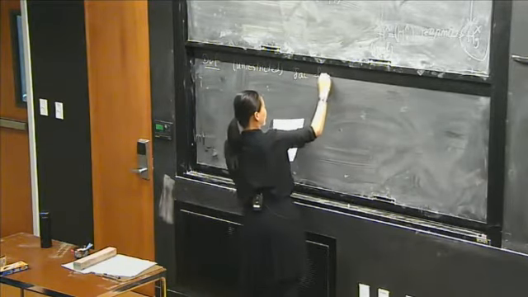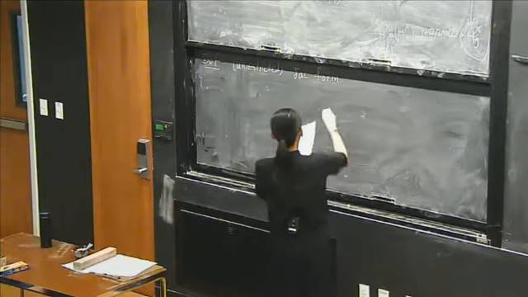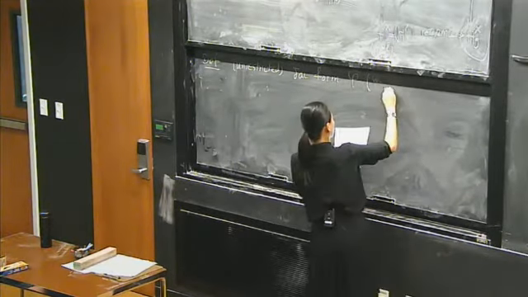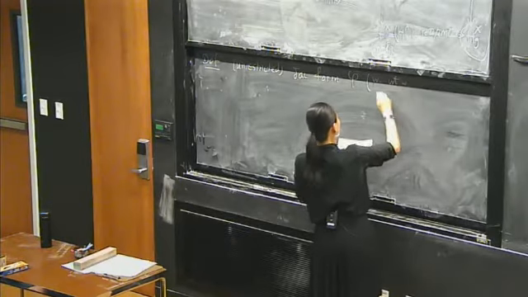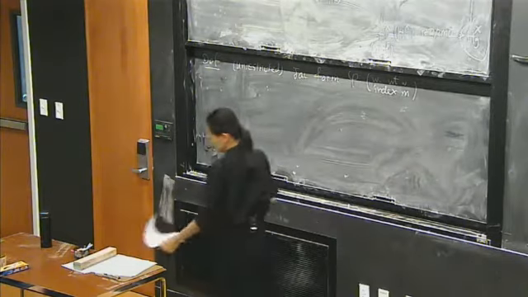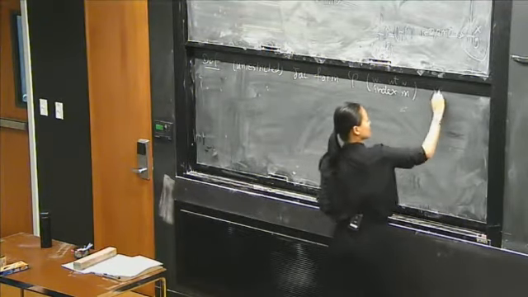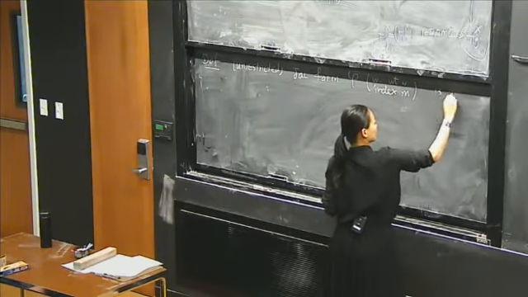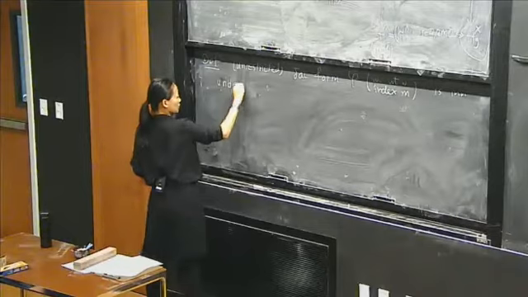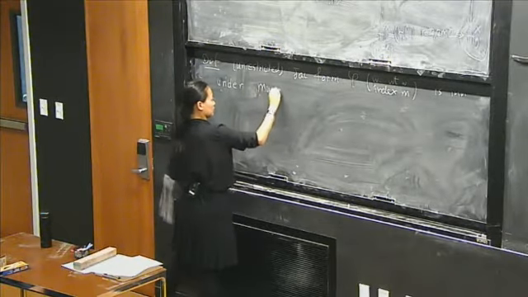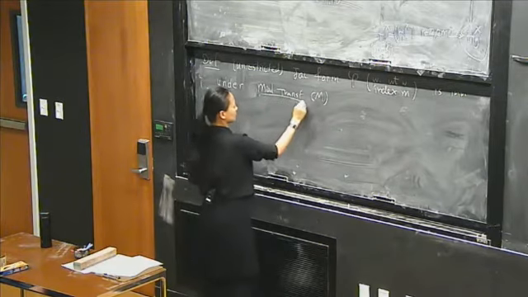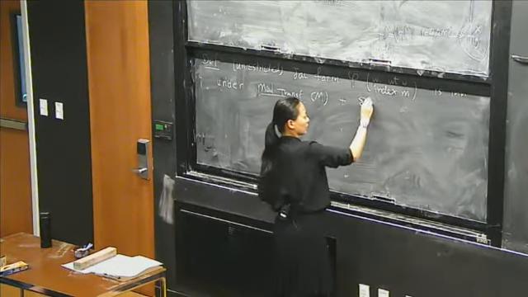So as Matthias has told us, a Jacobi form, let's call it phi, with weight w and index m, is invariant under the modular transformation, which Matthias wrote down, and the elliptic one.